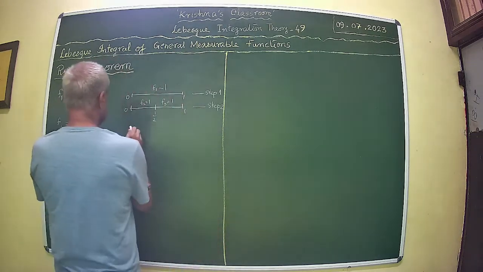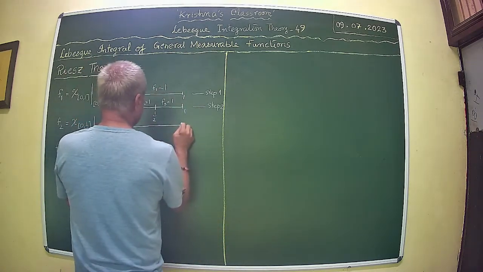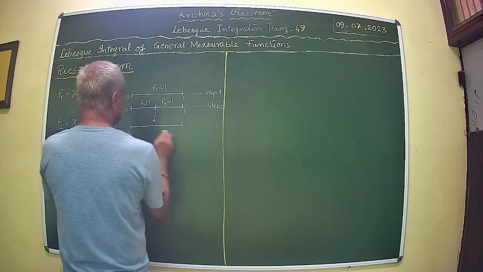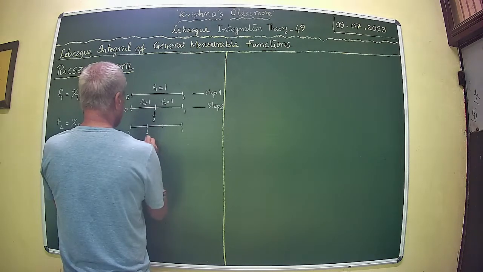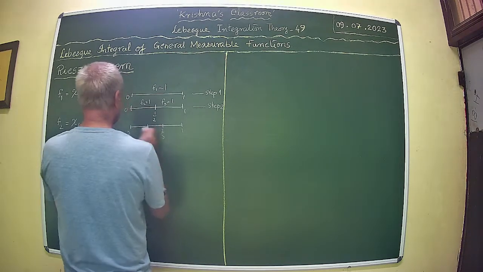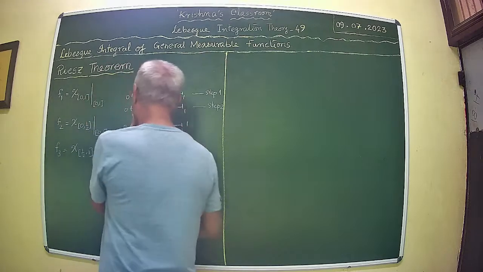Now what is the next thing? Take the same interval 0, 1 and divide this into three parts: 1 by 3, 2 by 3. It's a very fascinating example.